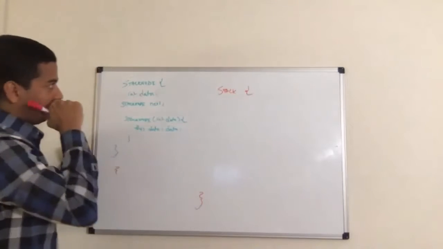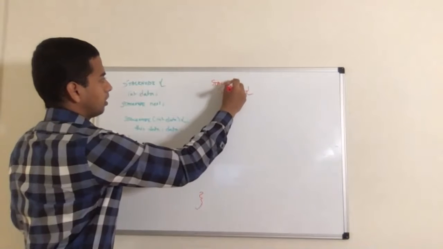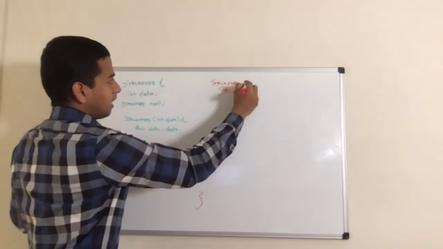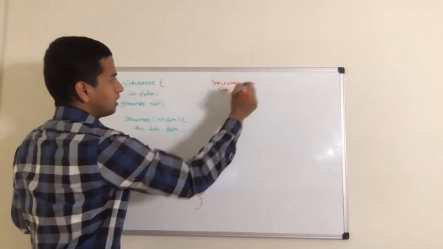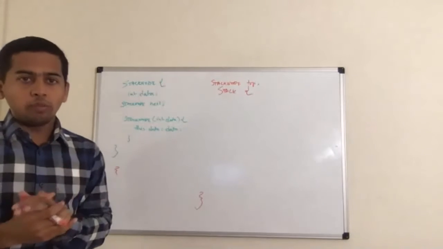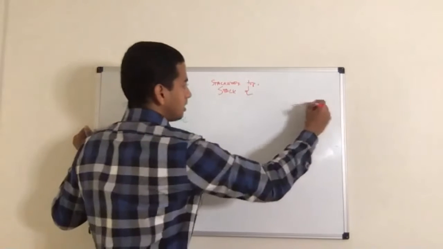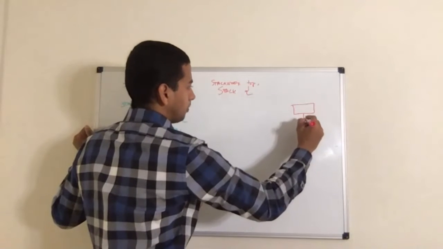Okay. Now I'm implementing the actual stack. I have a stack node, which will have my top, right? Top is the pointer that I have. So when I do a push and a pop, how am I going to do this? Think like this.